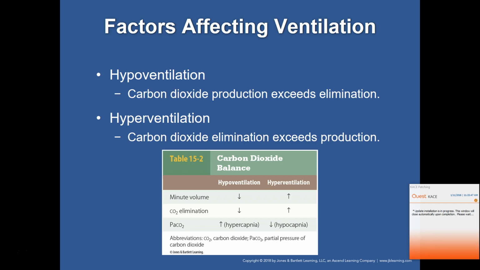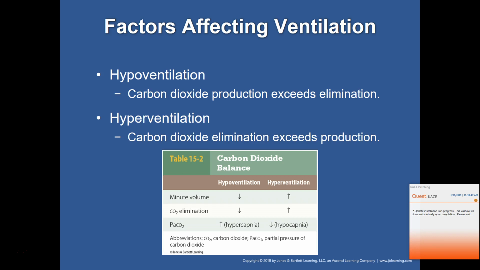You've got a thermostat in your house and you set the temperature, and if it's the heater, when the temperature goes below the set point, the heater kicks on and warms things up. When the temperature inside the room gets to the set point, it shuts off. Well, carbon dioxide is that trigger for the respiratory system. It's the thermostat of the respiratory system, so to speak.